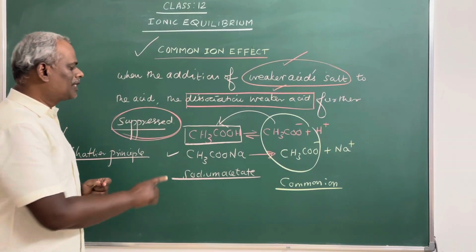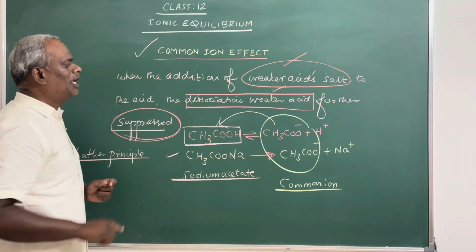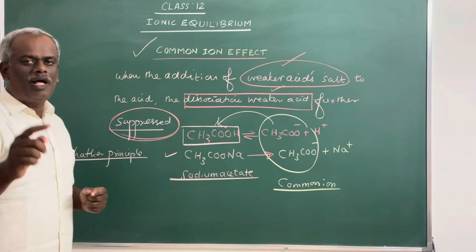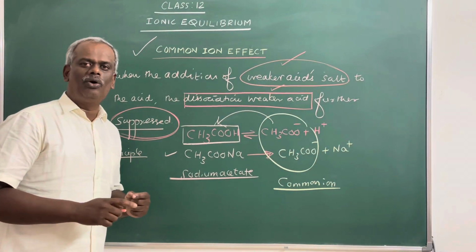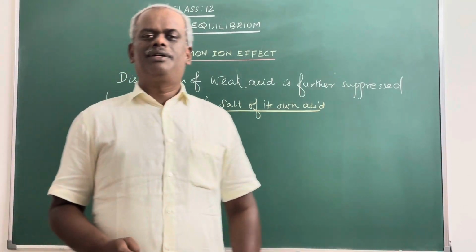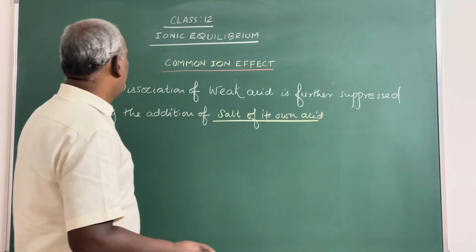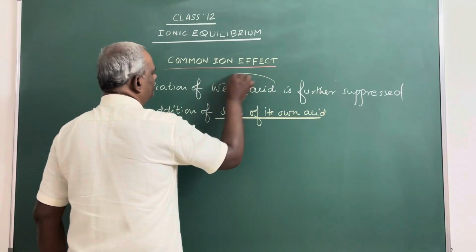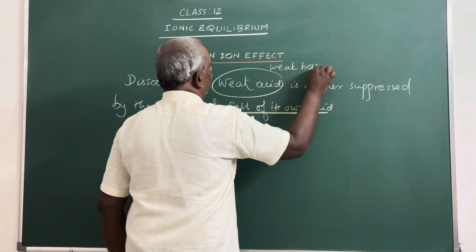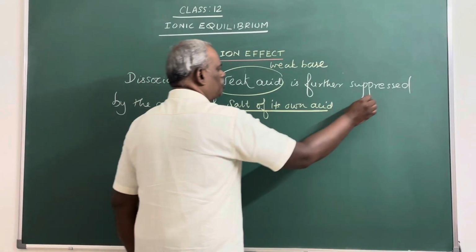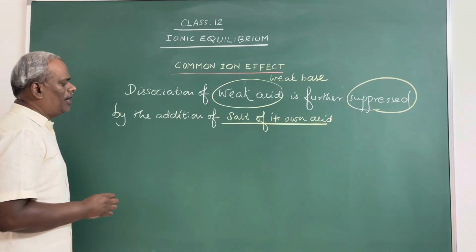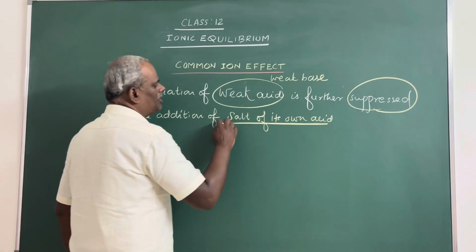It is not the only example, but we can take some other examples, weaker base and its salt. Just for example, ammonium hydroxide and ammonium chloride. Another example for common ion effect. And we know that in the common ion effect, the dissociation of a weak acid, otherwise weak base, is further suppressed, which means it is lowered, decreased by the addition of a salt of its own.